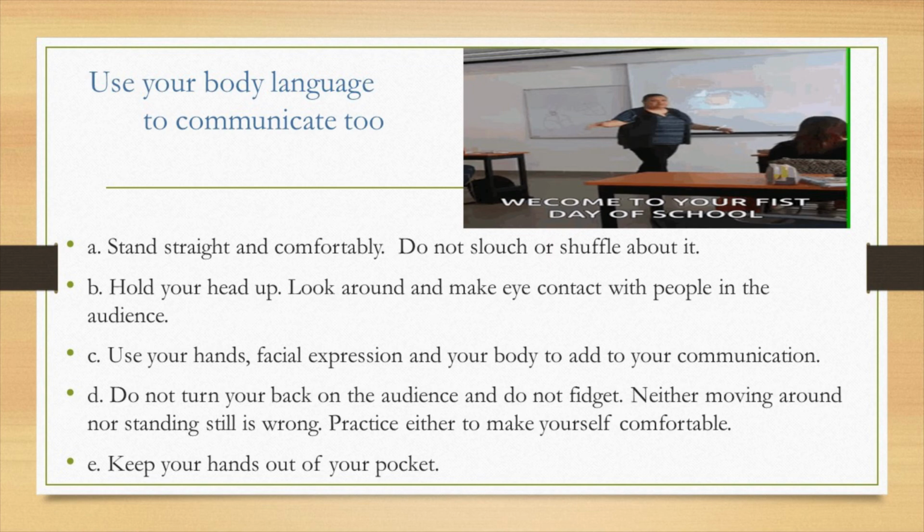D, do not turn your back on the audience and do not fidget. Neither moving around nor standing still is wrong. Practice either to make yourself comfortable. Keep your hands out of your pocket.